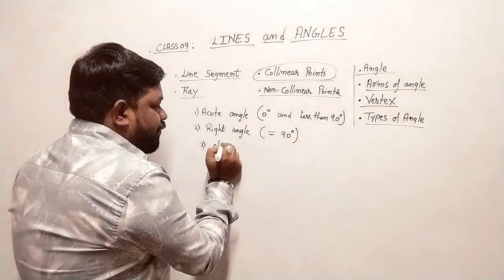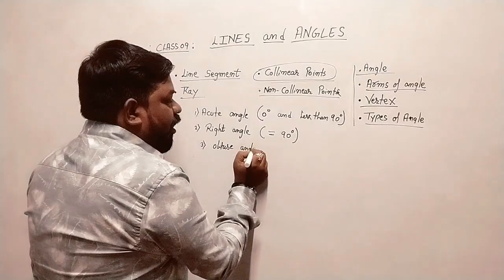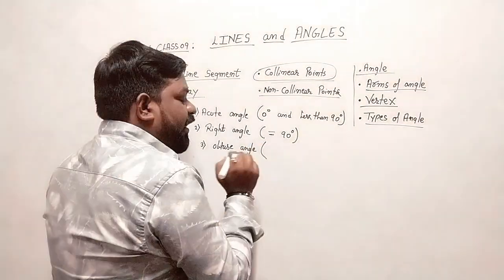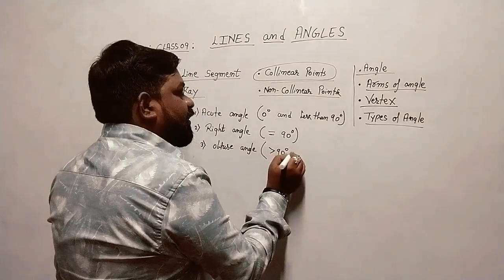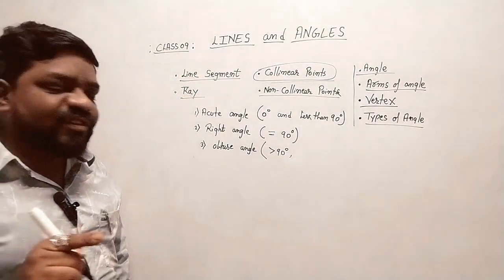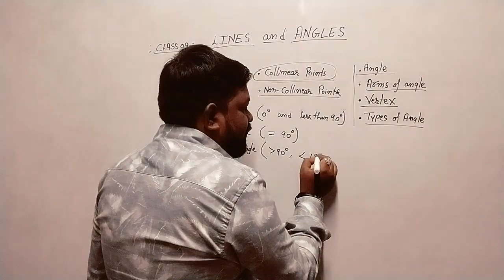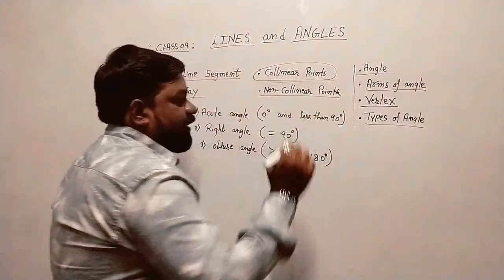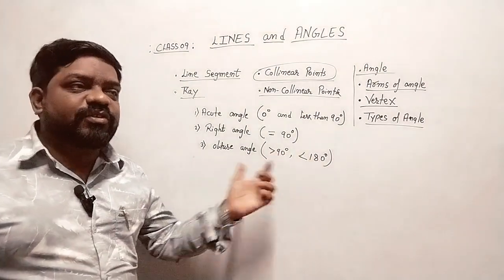Next, obtuse angle. An obtuse angle is the angle which measures greater than 90 degrees and less than 180 degrees.